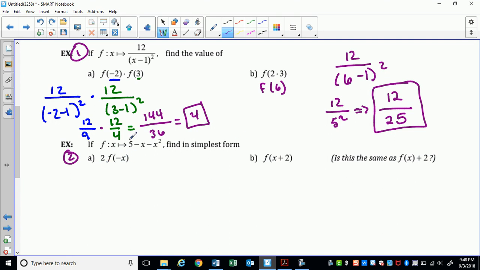So let's plug this in. We have a 2, and then we're multiplying 2 times our function when we substitute in -x for our x. So 2 parentheses, use those parentheses. This is my function, 5 minus x squared. But instead of x, I have to substitute in -x.